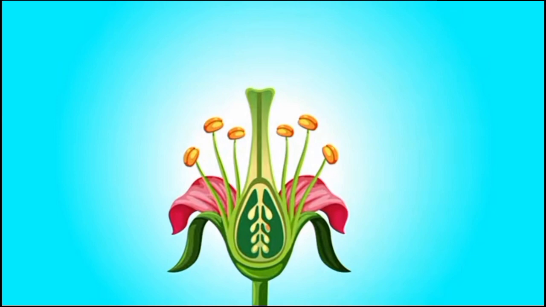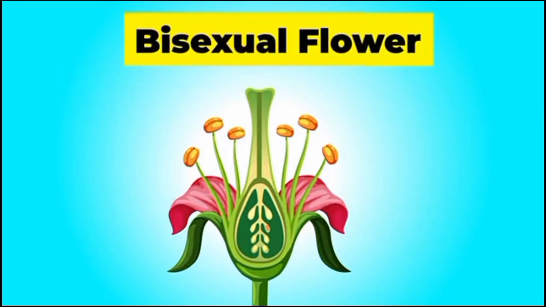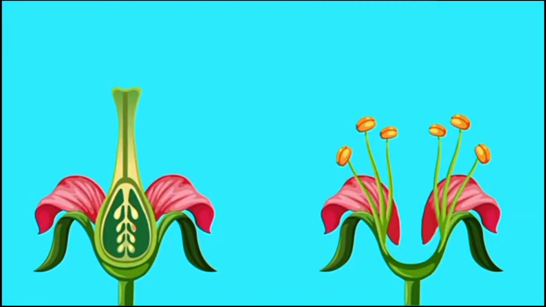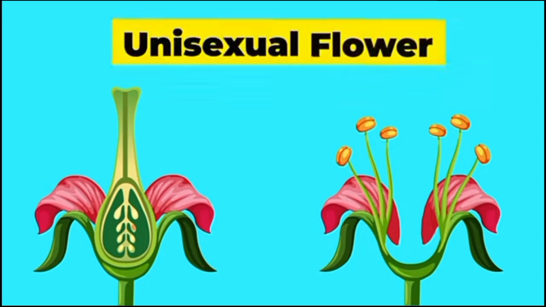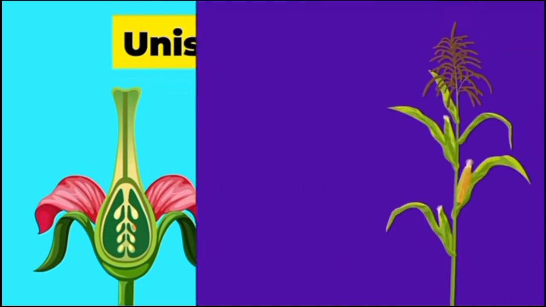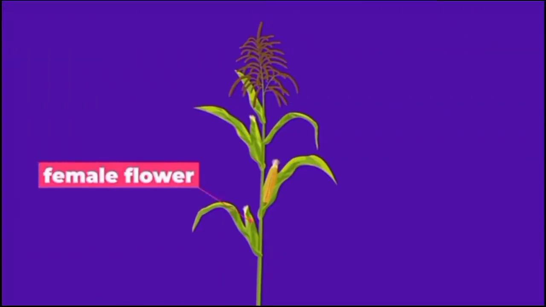So now, flowers that have stamen and carpel are called bisexual flowers. The flowers that have only one reproductive part, either stamens or carpels, are called unisexual flowers. An example of this is corn, because it has a female flower and a male flower that are separated.